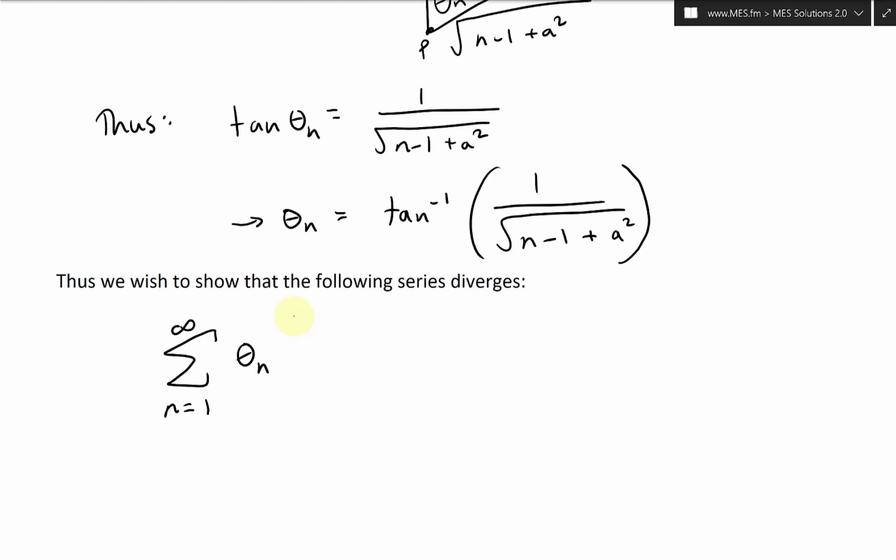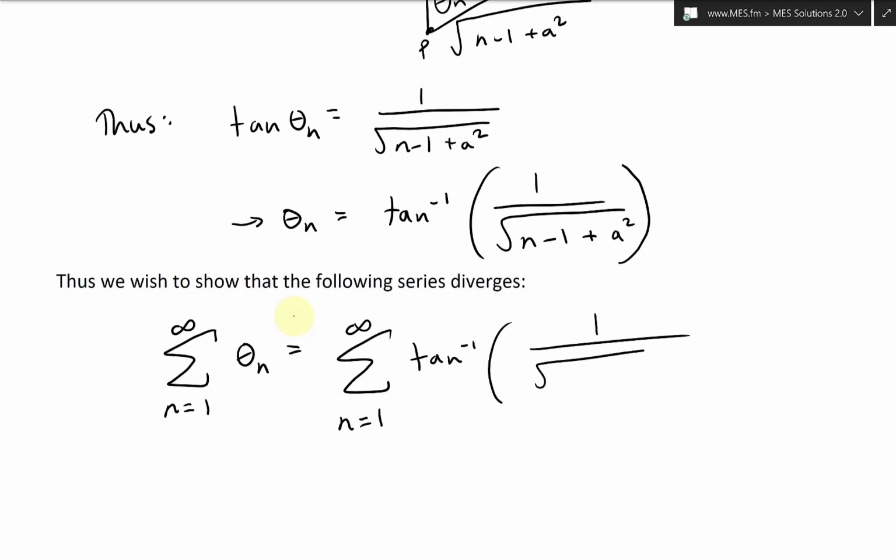In other words, theta 1 equals this. So we have to show that this diverges. So this summation from n equals 1 up to infinity of inverse tan of this giant fraction right here. Let's write this as inverse tan of 1 over the square root of n minus 1 plus a squared, then all in brackets.